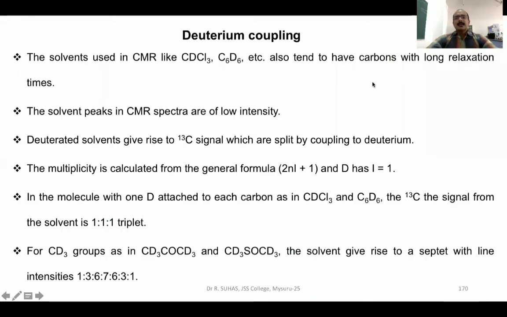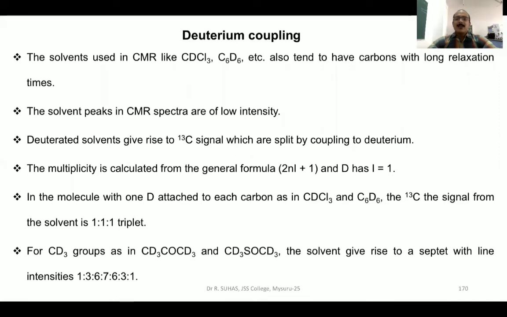Next is deuterium coupling. We have seen that in proton NMR, we use solvents for recording the NMR spectrum. For solvents such as chloroform, CHCl3, that H will also be involved in coupling. As a result, we exchange that H by D, so CHCl3 becomes CDCl3, and the peak from the solvent will not be seen in the proton NMR spectrum.